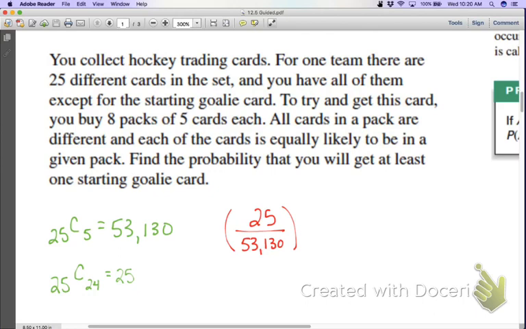There's one card that I'm looking for. There's basically 25 different ways that I can pair that goalie with all the options. So instead of multiplying 25 over 53,130 8 times, I'm just going to take it to the 8th power, because there are 8 packs.